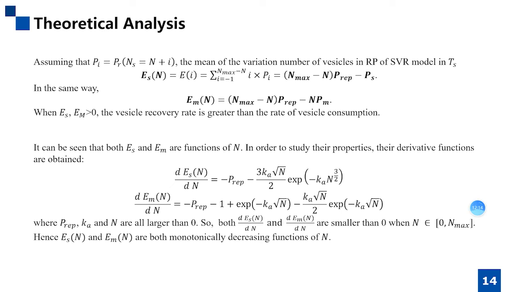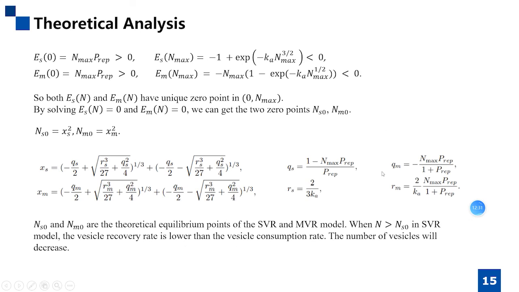So, Es(n) and Em(n) are both monotonically decreasing functions of n. Also, from their expression, we can see that both Es(0) and Em(0) are positive. Es(n max) and Em(n max) are negative.